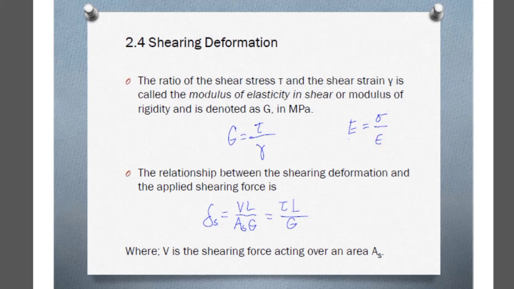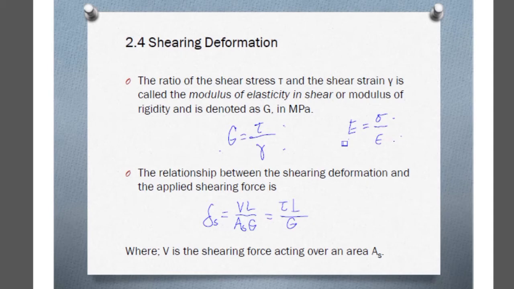So from the definition, the modulus of elasticity is stress over strain. So here, in shearing deformation, the modulus of rigidity is stress over strain. That stress is shear stress, and that is shear strain.